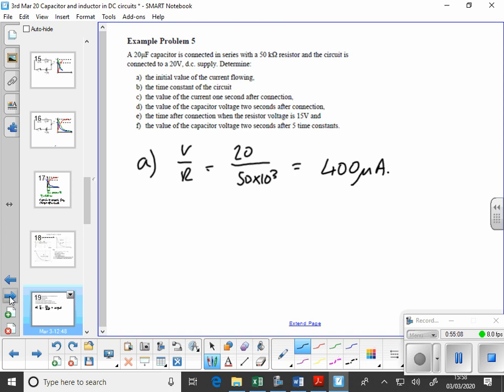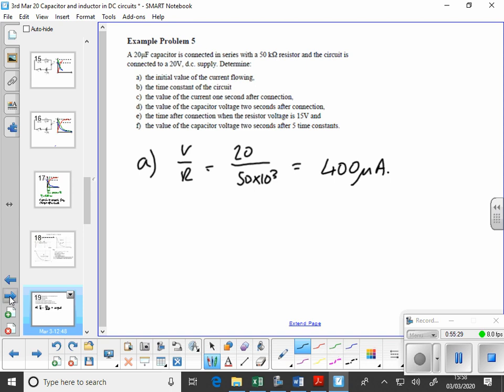Why do you think I've chosen a high value of resistor in this example? It's going to charge up slowly. The time constant is going to be quite high.